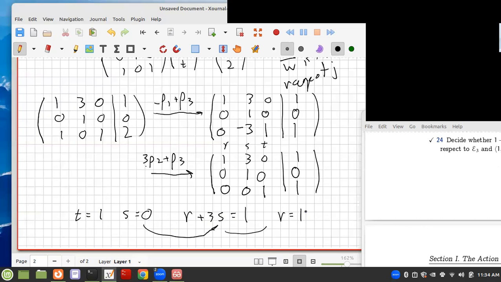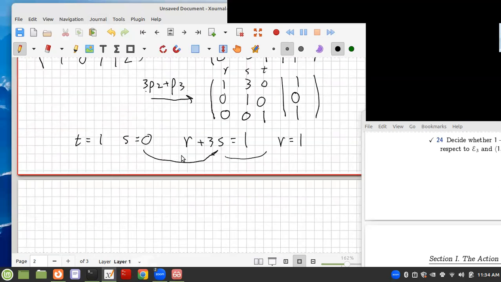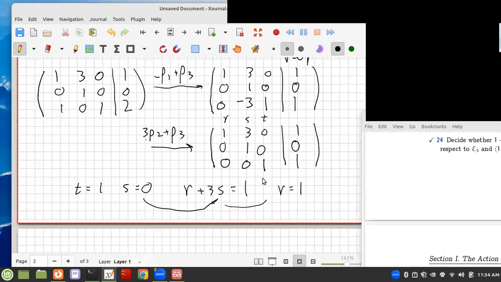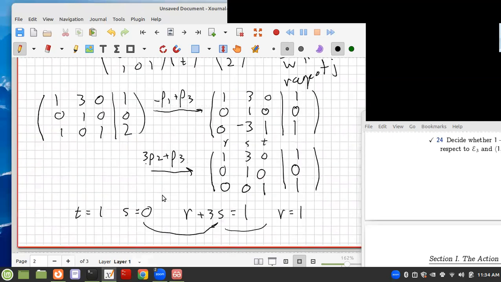So in fact, it does, and you could answer the question without actually solving it, because all three variables are leading, therefore it's going to have a unique solution. It wouldn't matter. You could have more than one solution if it wasn't a basis.